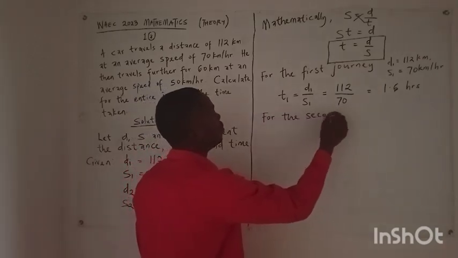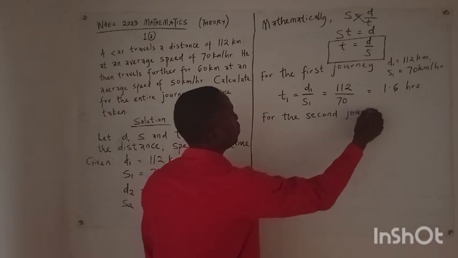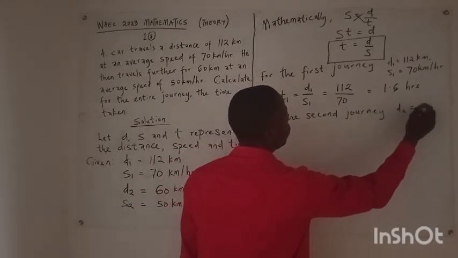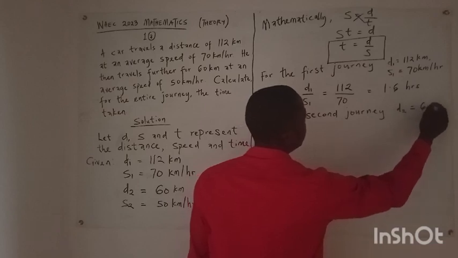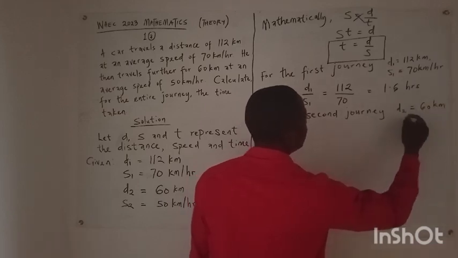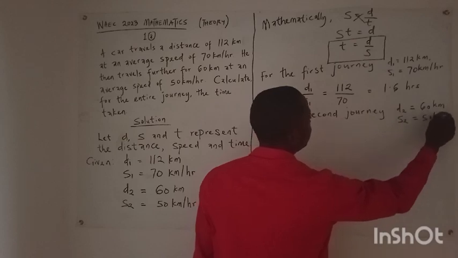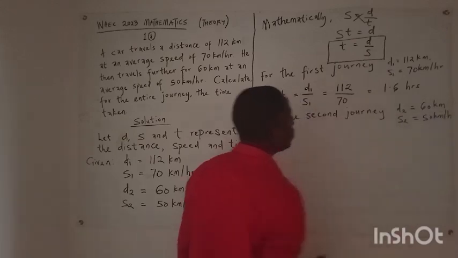Then also we find the time taken for the second journey. For the second journey, we have D2 equal to 60 kilometers, and the speed equal to 50 kilometers per hour.